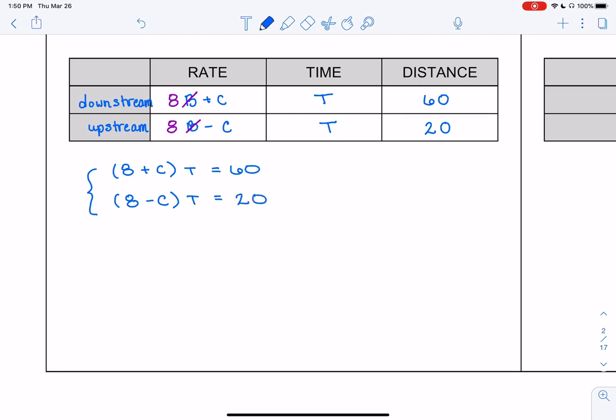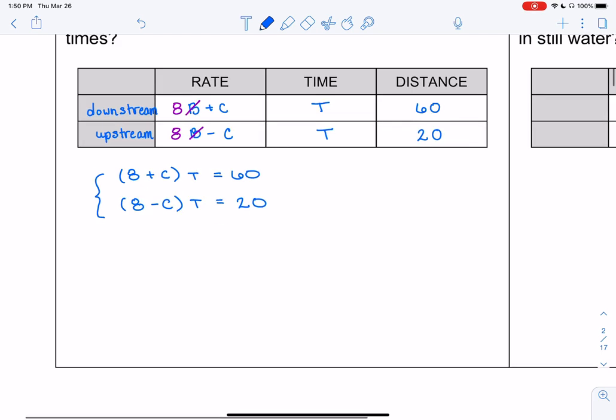Then you need to go back and distribute the T across each side of parentheses. Okay, so I'm going to rewrite that as 8T plus CT equals 60. And then 8T minus CT equals 20.